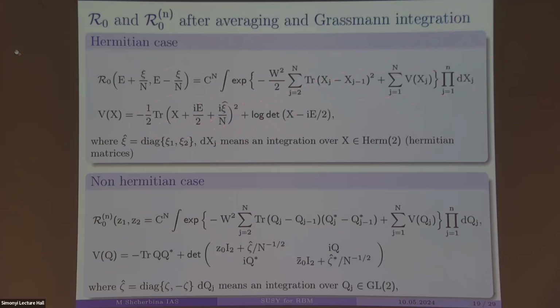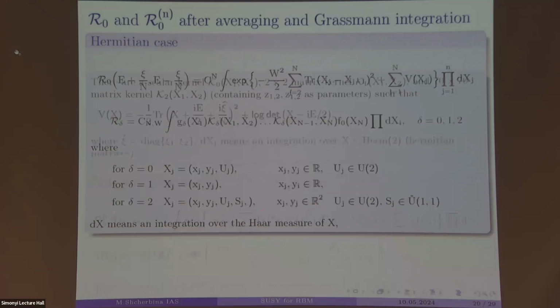And this is one of the main problems. The potential is non-real because here the matrices X are Hermitian, but the potential is not real. And in the non-Hermitian situation, you obtain almost the same, a little bit different potential, but the matrices are not real. They are arbitrary 2 by 2 matrices.